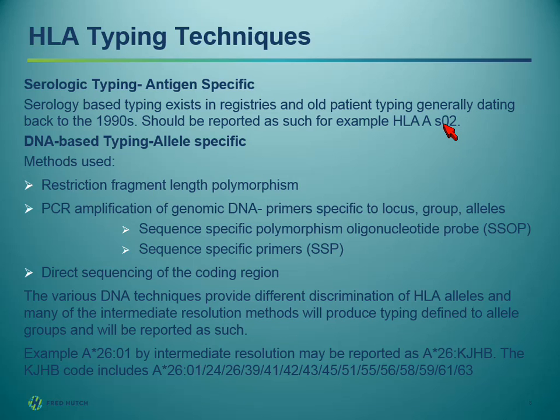Be careful, because we missed a ton with serologic typing, though common being common, serology typing of common haplotypes will generate at a DNA level what you want. Most typing today is done with DNA-based, more allele-specific methods. Most of our data on the registries is generated with SSOP or SSP. The nice thing about these techniques is we've created primer sets that separate common alleles. So we've got a primer set that will separate an A*02:01 from an A*02:05.